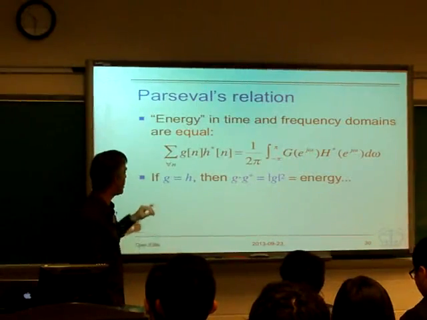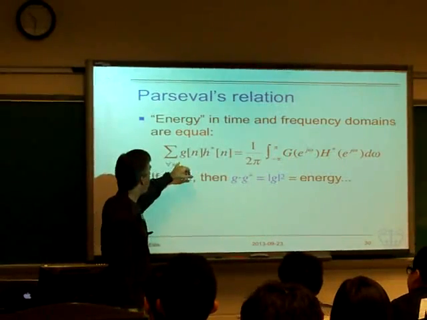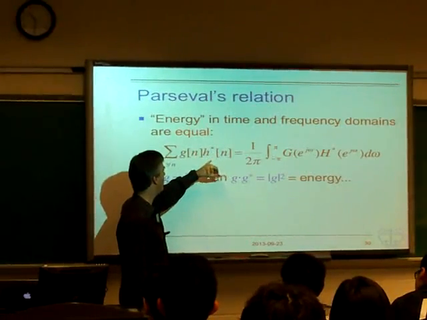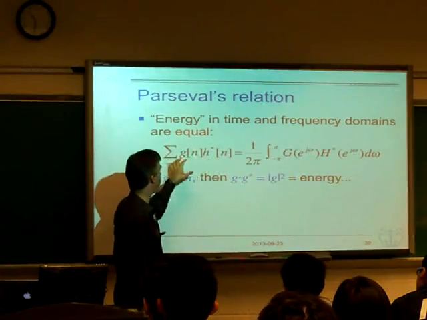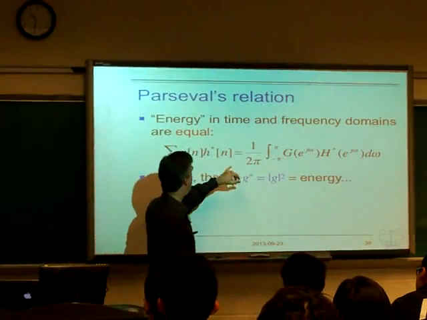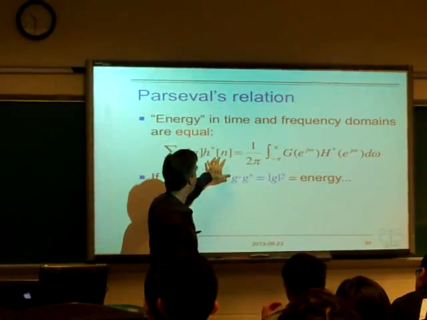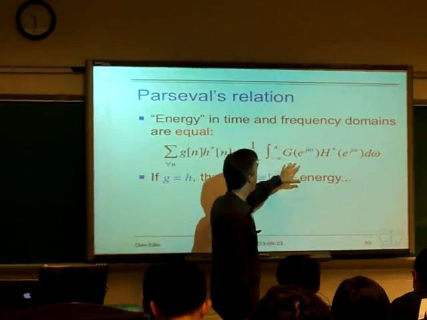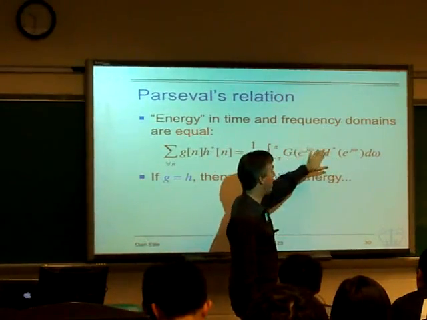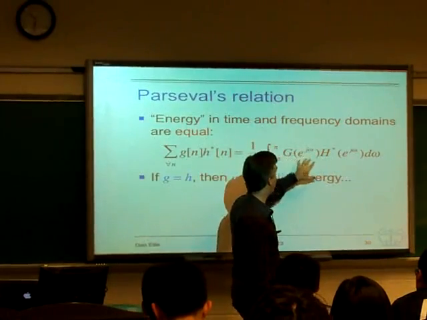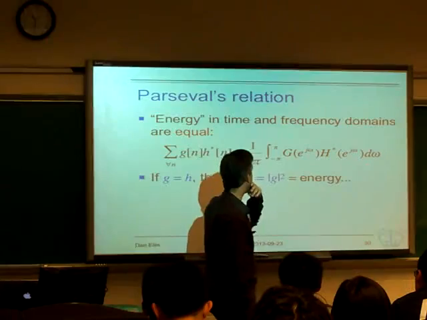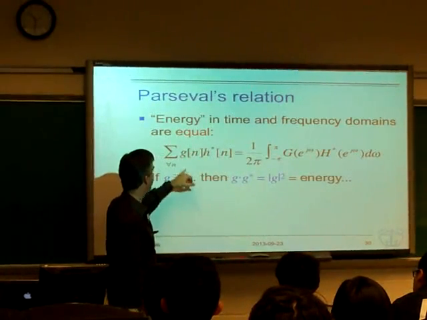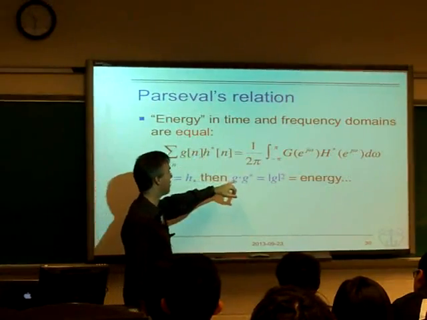And we can generalize it slightly. So this is the generalized form: if you have two sequences and you multiply one by the complex conjugate of the other, and then you sum over all time, then that sum of the two time domain functions over all time is equal to the integral of the product of their frequency domain functions, G and H conjugate, over all frequency. If g is equal to h, then g times h star is the magnitude of g squared.